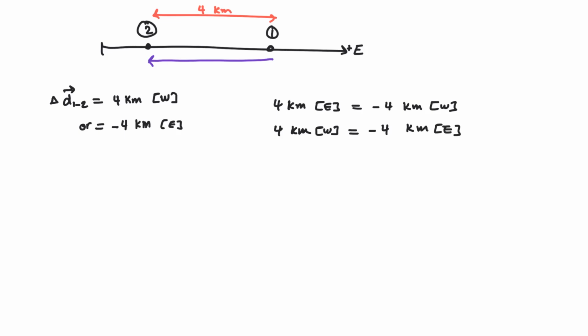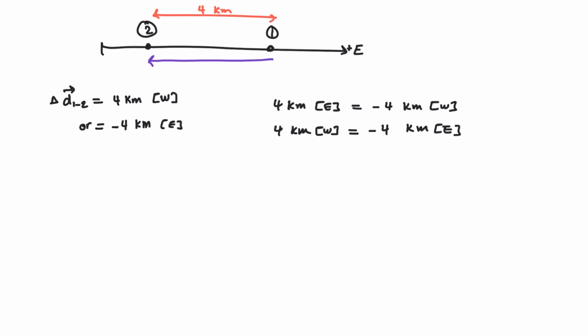This shouldn't be too hard of a concept. If our sign convention says that east is in this direction, if you travel in that direction, you're traveling in the positive east direction, and if you're going in the opposite direction, you're traveling negative.